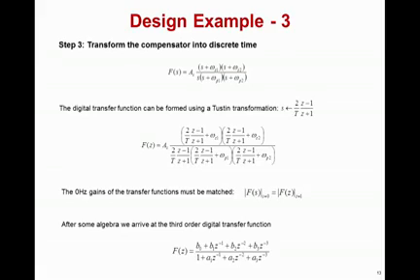You see that there are 7 coefficients: B0, B1, B2, B3, and A1, A2, and A3. These are what change in a digital compensator, and we'll look into how these values affect the overall compensator itself later on.